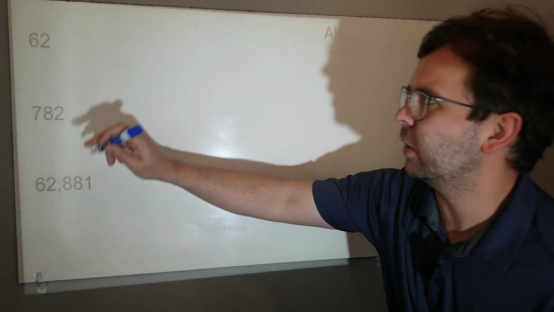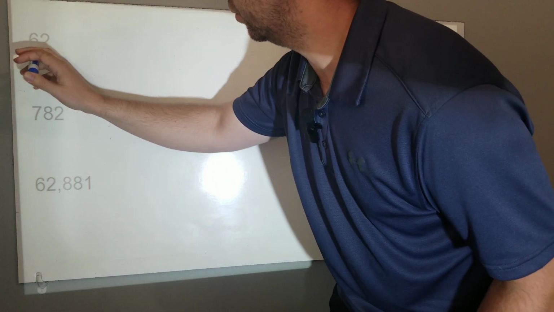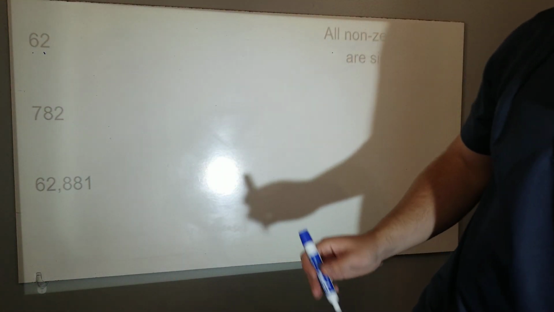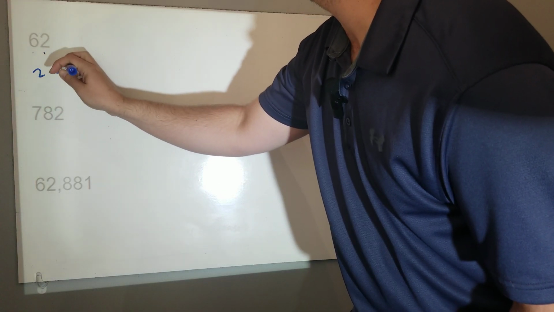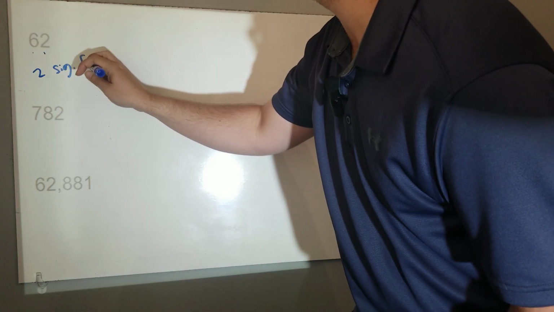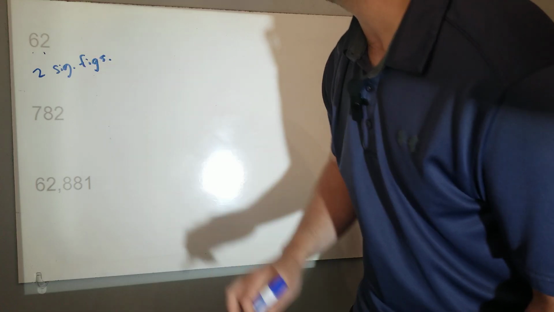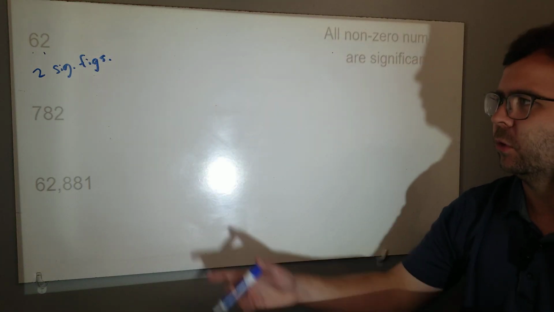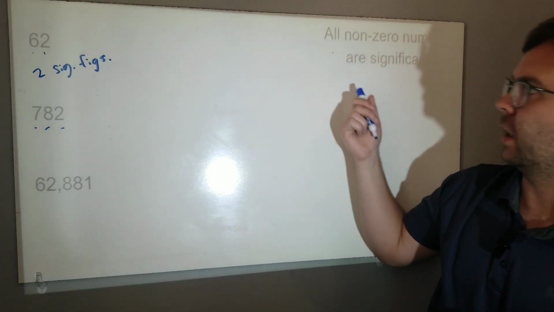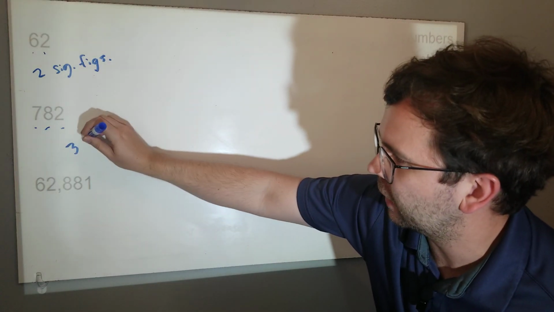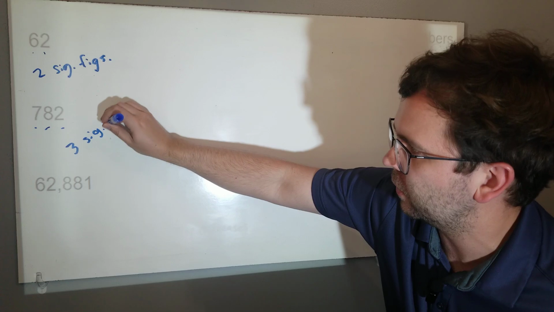All right, so if we counted digits here, there's two digits here that are significant. And so I'm going to write underneath this 2 significant figures. 2 sig figs. 782, there's 1, 2, 3 digits there. All of them are not zero, and so we're going to say that is 3 significant figures.